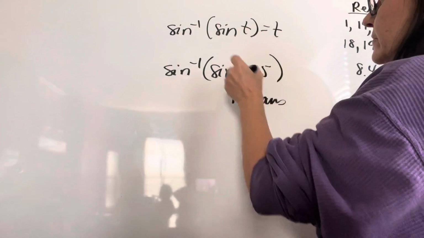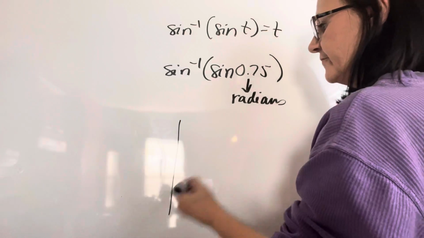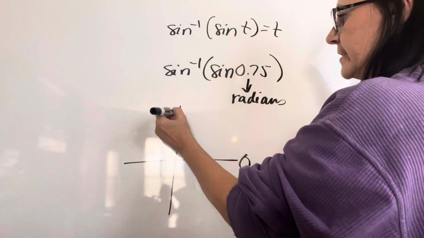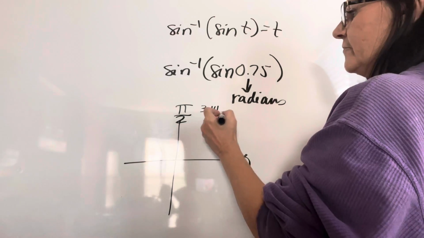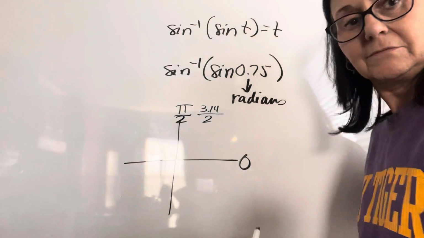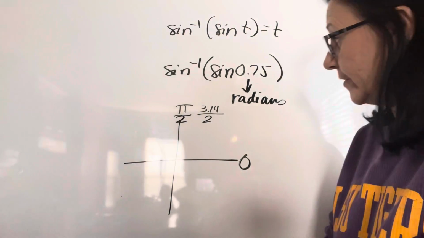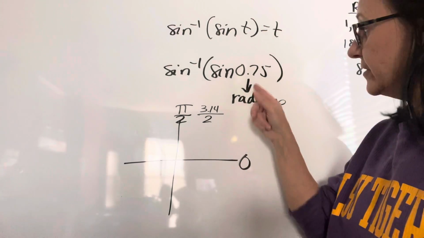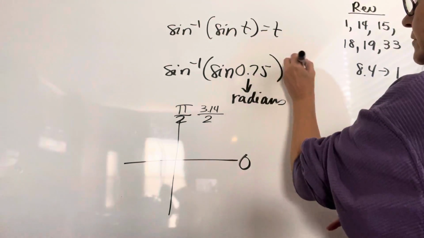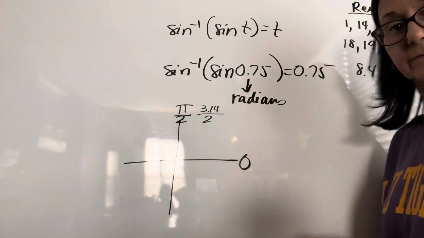All right, 0.75 is in the first quadrant because it goes from 0 to pi over 2. That's like 3.14 divided by 2, which is like 1.57, which is greater than that. So this is in the first quadrant, so it's 0.75. It's the same.